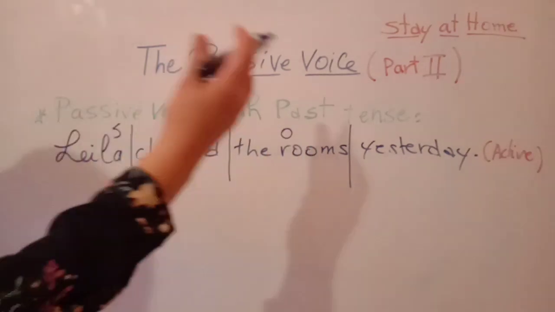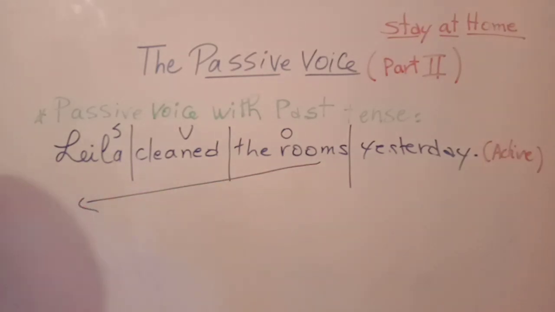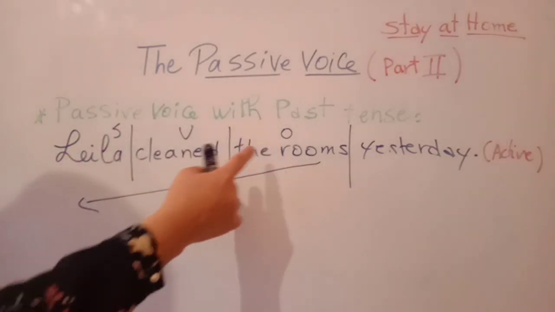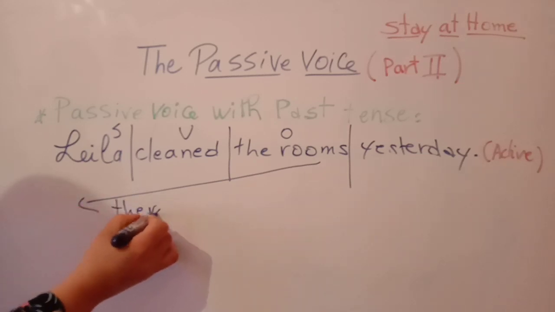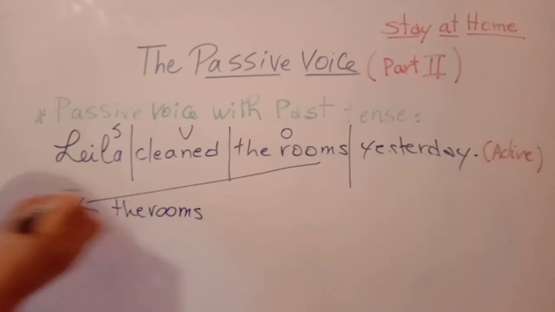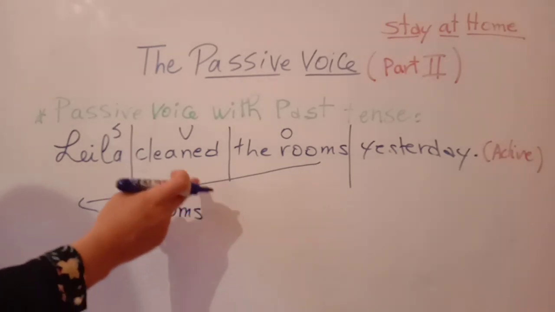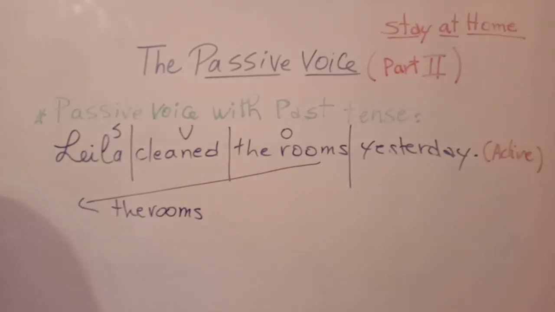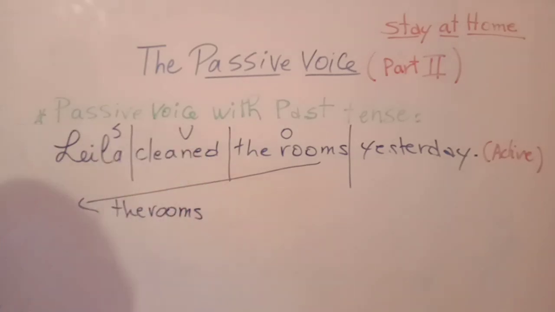Okay? Then we stop and try to do the operation. The object becomes subject, the rooms. The rooms plus to be in the tense of the active verb. So what is the tense of the active verb? So you have clean plus ed. So the verb is simple past. It's a regular verb.